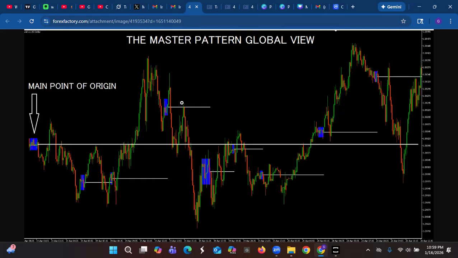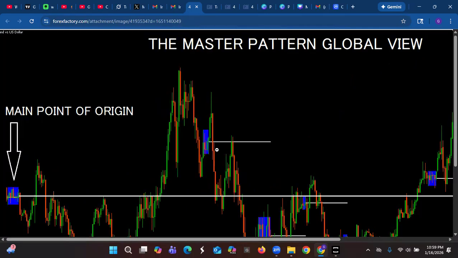It broke out. It had a wick. We had a wick above. That wick is another confluence or confirmation, a confluence that we're not pushing higher. And then we had a break below. Remember, contraction box value line, it closed below. That's one confluence. Next confluence, we got a wick above.